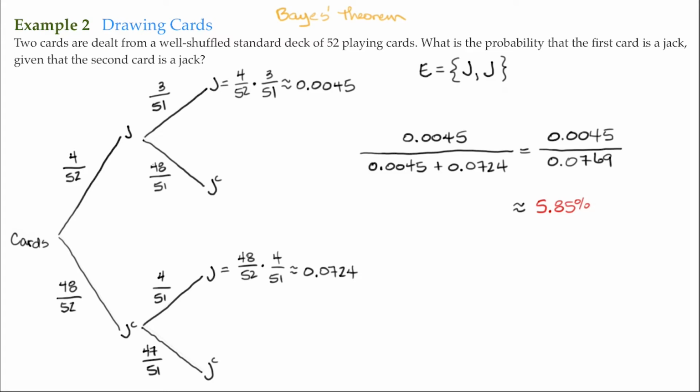So what is the probability that the first card is a jack, given that the second one was a jack? 5.85%. So we're kind of working in reverse order. We know this. We want to be able to determine this.